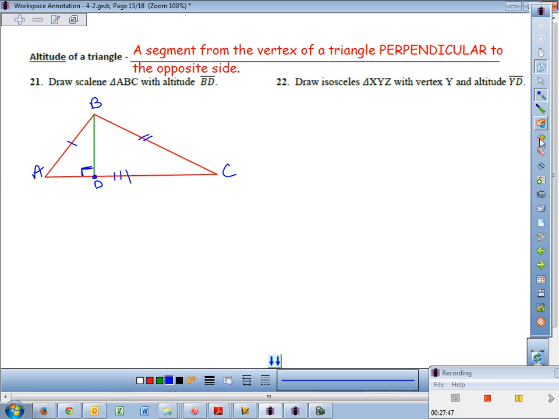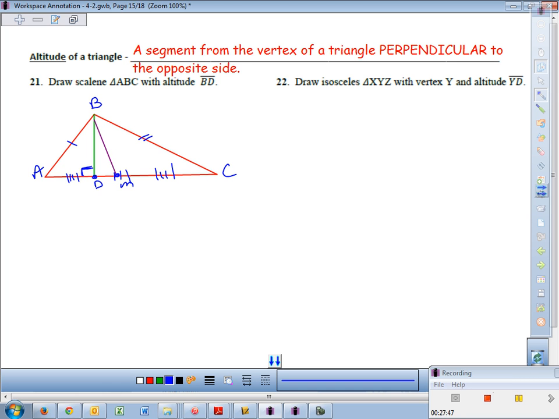But let me show you this. Let's use a different color. Purple. M. What's segment BM in this picture? Is it a median or is it an altitude? It's a median.